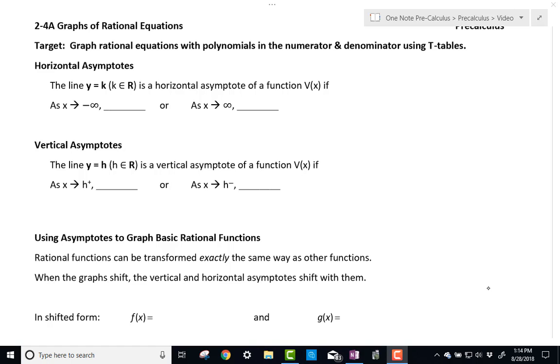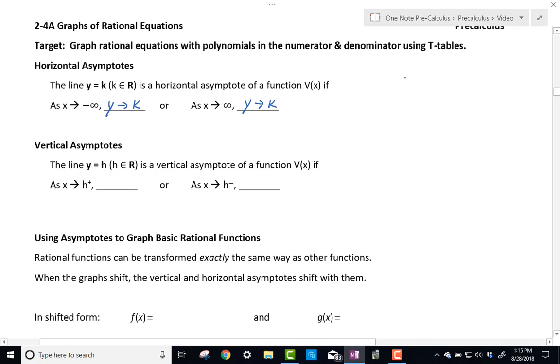So the line y equals k is a horizontal asymptote of a function, and we just named our function v of x. It could be f of x or whatever. It is a horizontal asymptote if, as x goes to negative infinity, y goes to k, or if, as x goes to positive infinity, y goes to k.